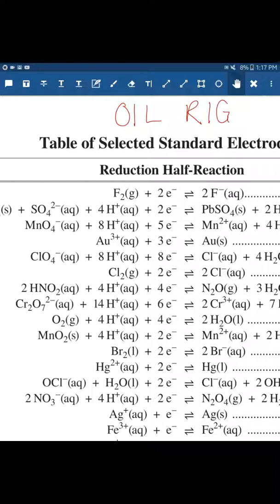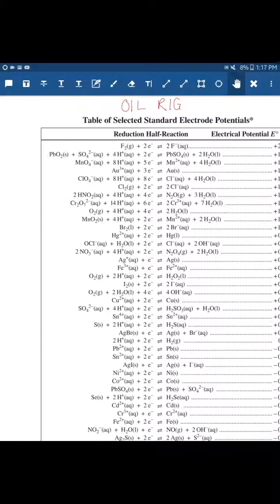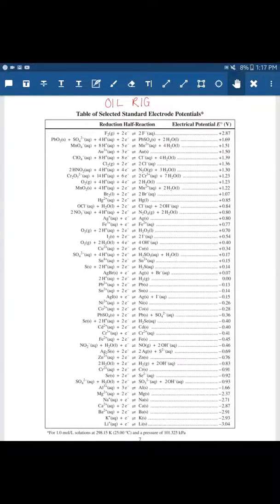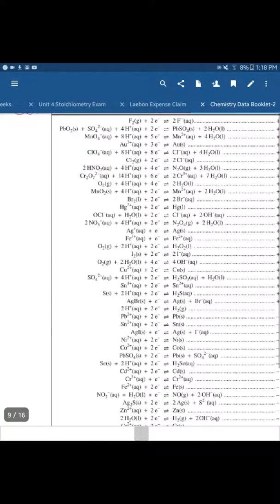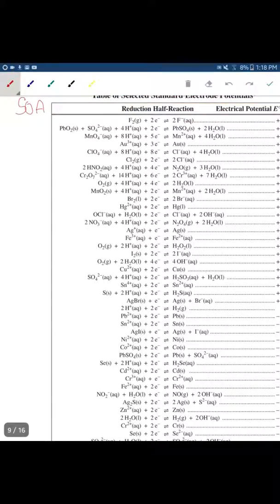Often having a visual aid is super helpful when you're completing an exam, especially in some high stress situations. All right, then I also add in that my SOA, or my strongest oxidizing agent, is any entity that is listed in the top sort of left-hand side of this column. So notice these are reduction half reactions, meaning that these entities are being reduced, therefore they are causing oxidation in another entity, or they are an oxidizing agent.